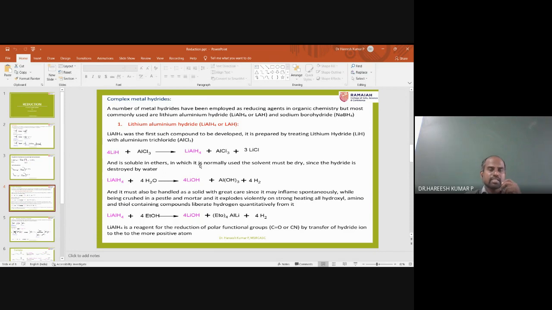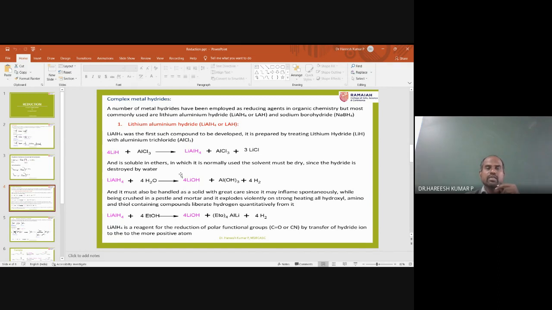So whenever we are using lithium aluminum hydride, we should do the reaction in an inert atmosphere, meaning free from water. Why do we need to do this? Because water itself reacts with lithium aluminum hydride and gives rise to unwanted product. That is the reason we have to go for an inert atmosphere.